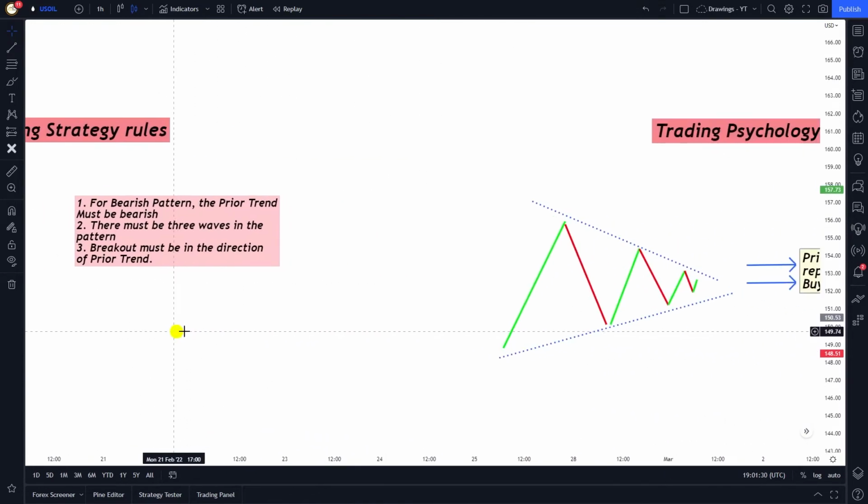As you can see here, this is the first wave, this is the second wave, and this is the third wave. If there are only two waves, then we would not consider that pattern, because that would not completely show us that the market is in indecision. So we should look for the pattern in which there are three swings or three waves in the market, and every next swing is smaller than the previous swing.